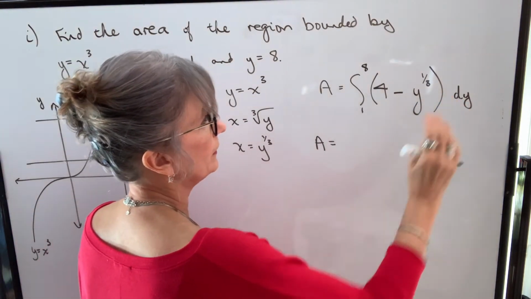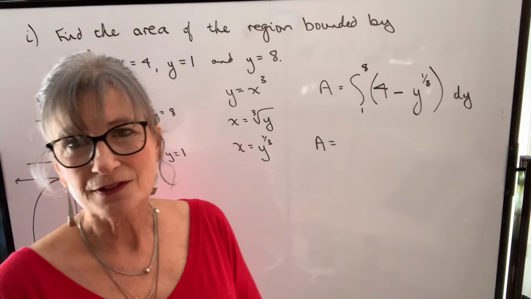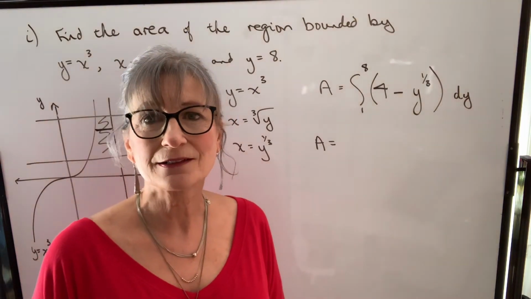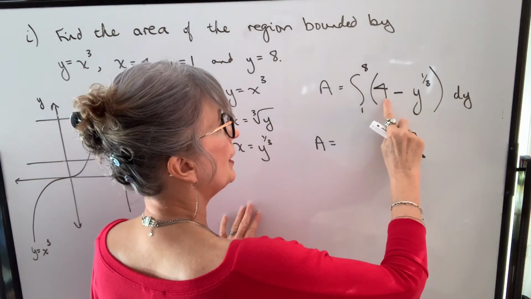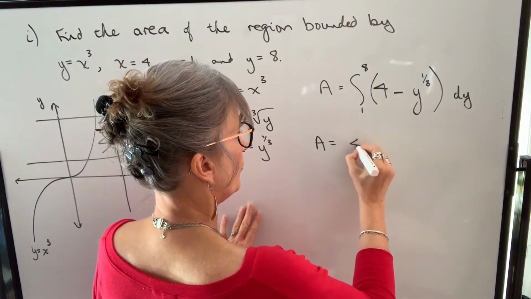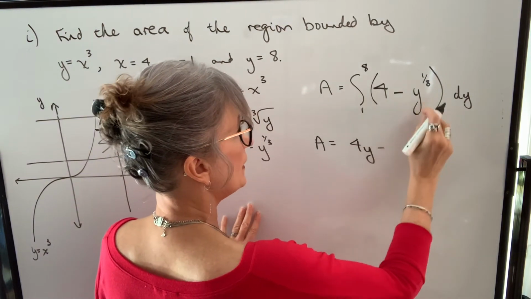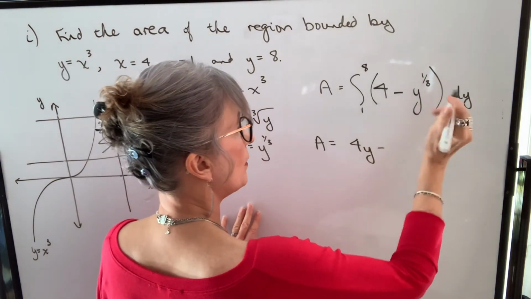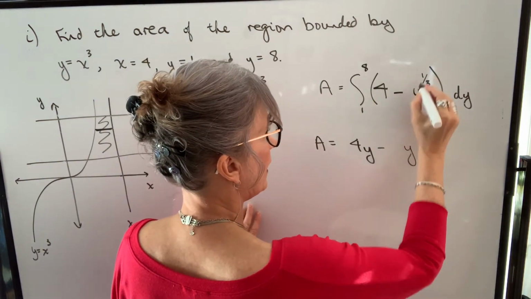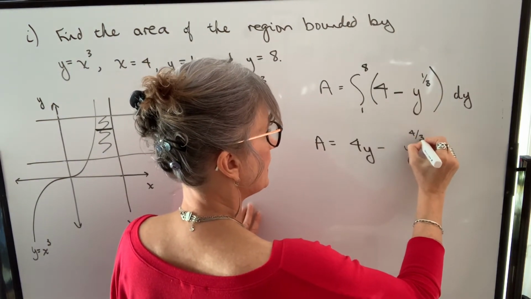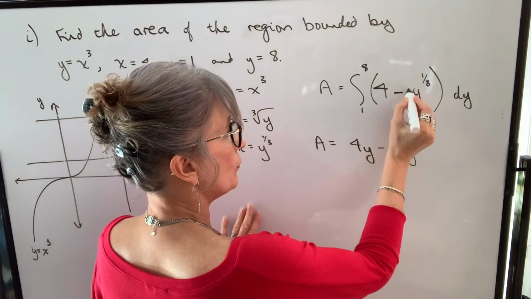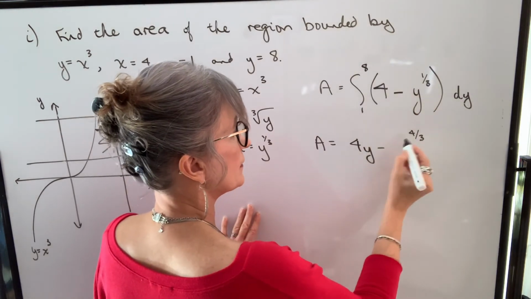Whatever your variable is, you integrate the same way you do when your variable is an x. So the integral of 4 dy will be 4y. The integral of y to the 1/3 dy will be y to the add a 1, so that becomes 4/3. Take this coefficient of 1 and divide by 4/3, so we get 3/4.